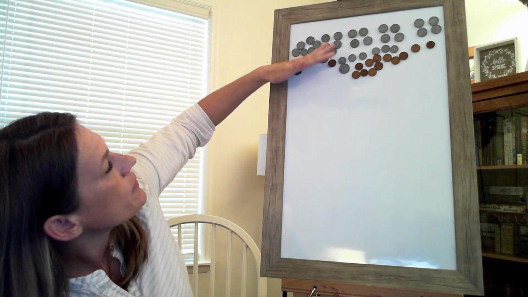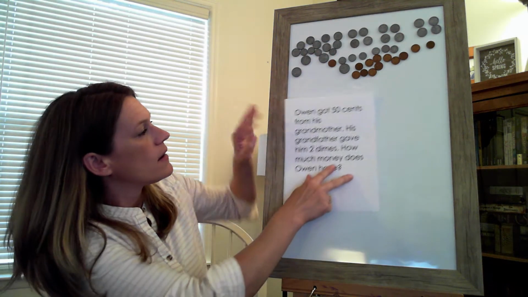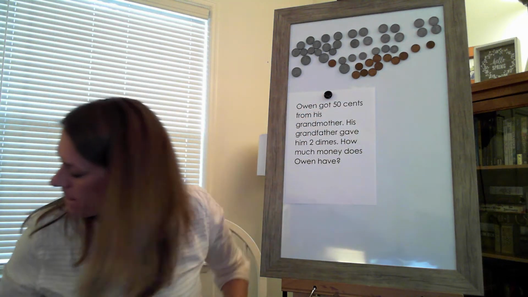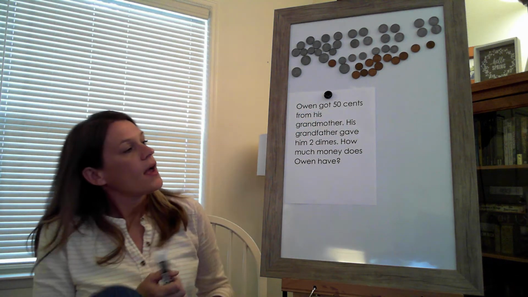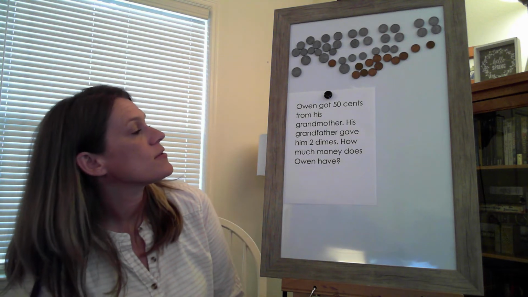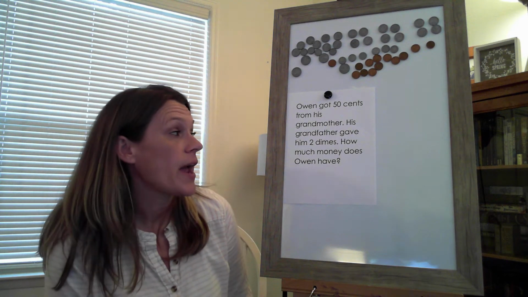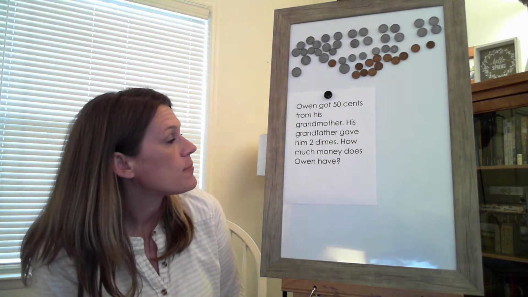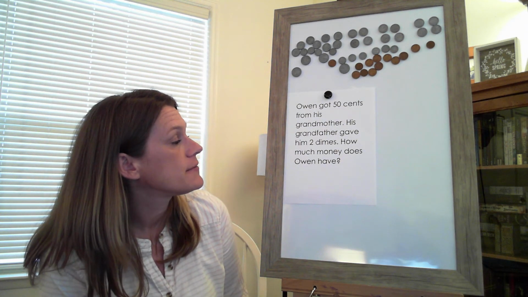That way we have enough room. All right, here's my first word problem. Owen got 50 cents from his grandmother. His grandfather gave him 2 dimes. How much money does Owen have?